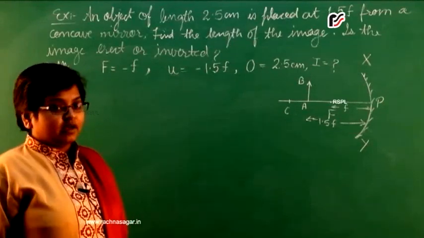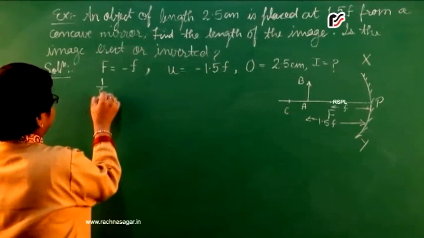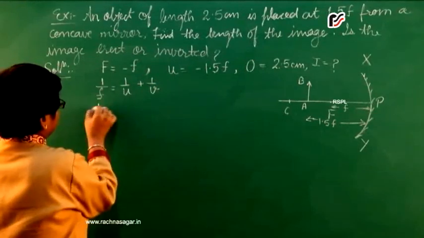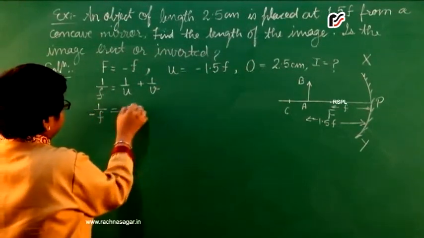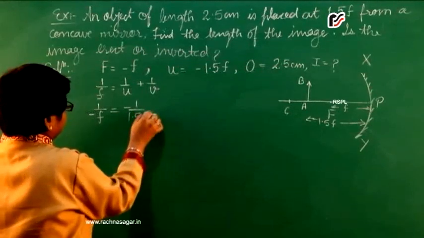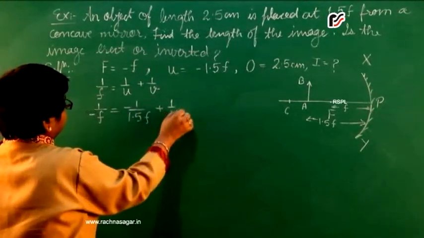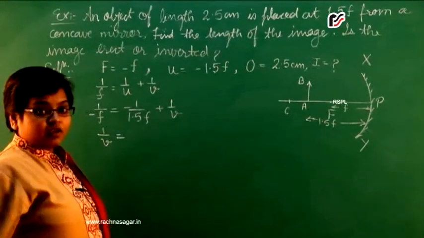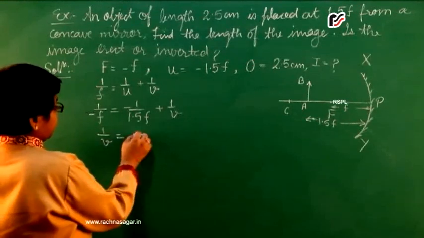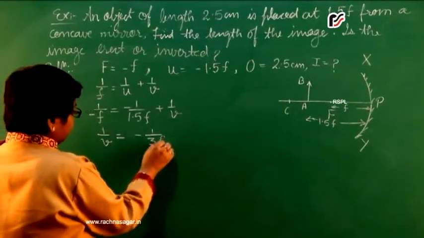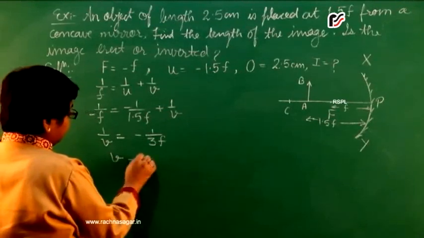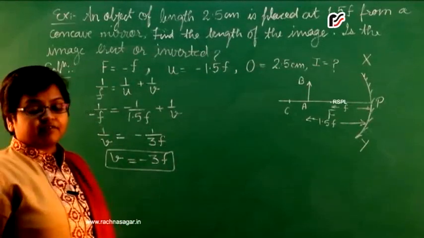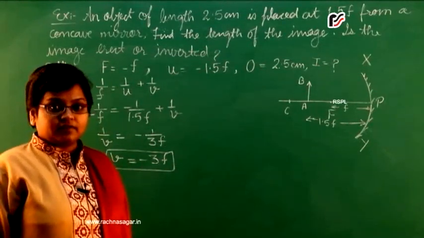Now we use the mirror formula. So we calculate the value of 1 by v, which is equal to minus 3f. It is again in the form of focal length.